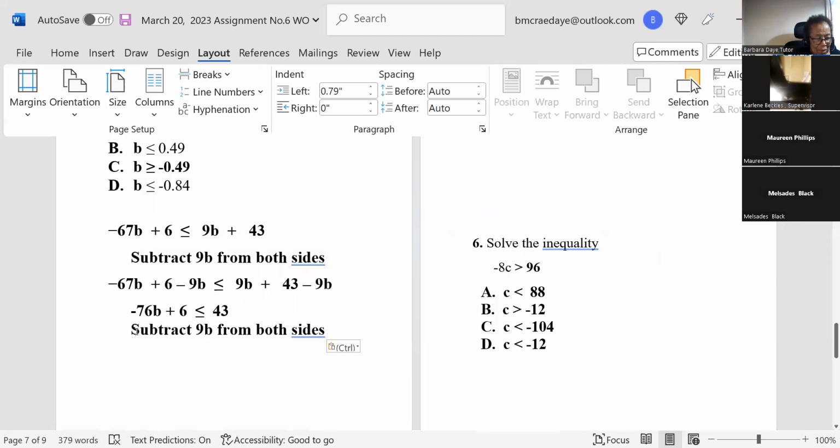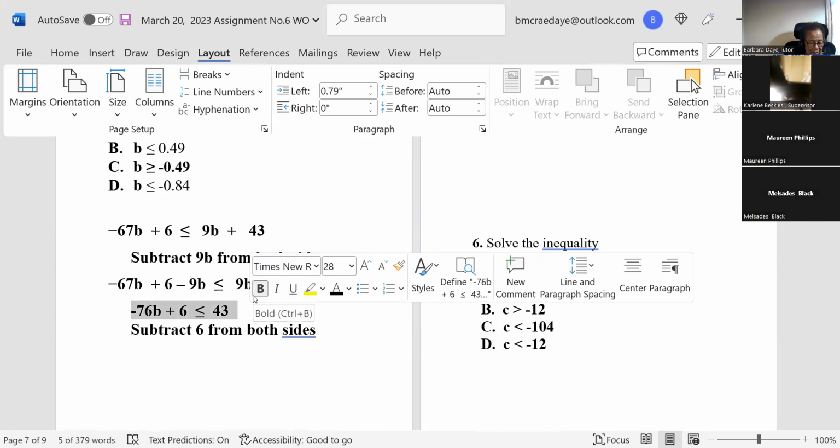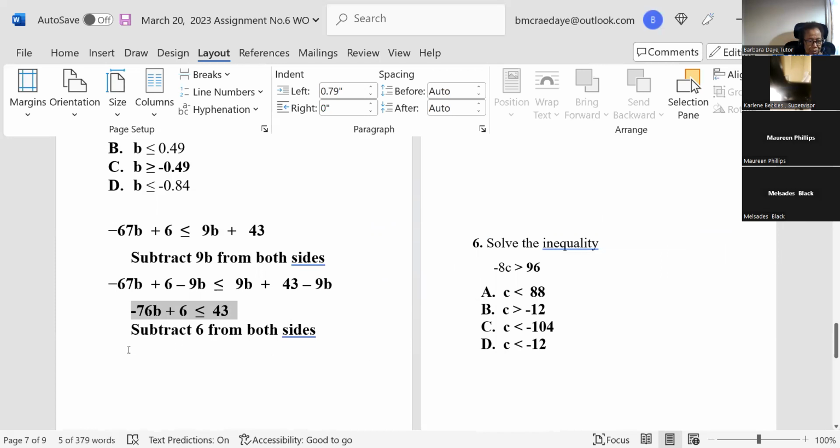So first it is subtract 6. Let's put the 6 here. Now do that. I think you can finish it from here. Subtract your 6 from both sides. Maureen, you doing that? Yeah. What do you get? Minus 6 on the left, minus 6 on the right. So what do you have on the left side, Maureen?